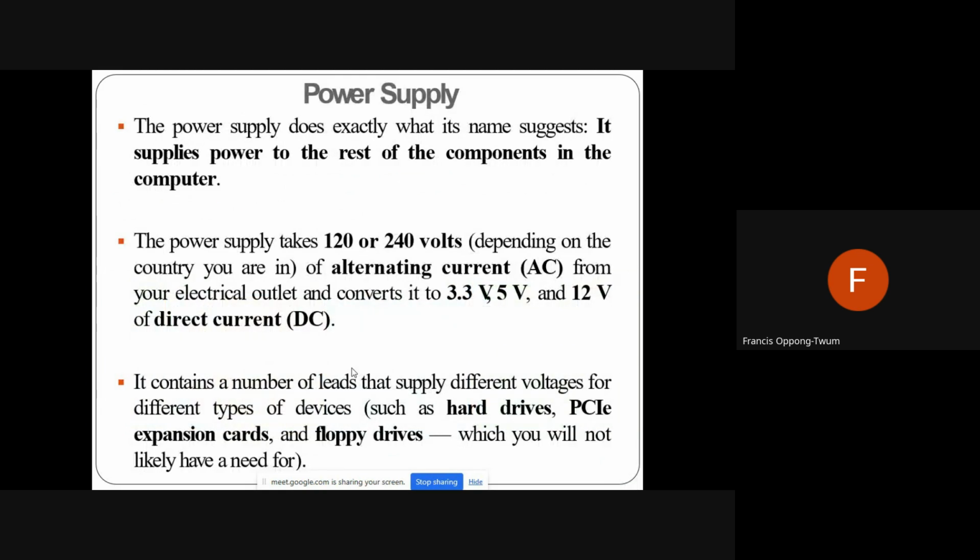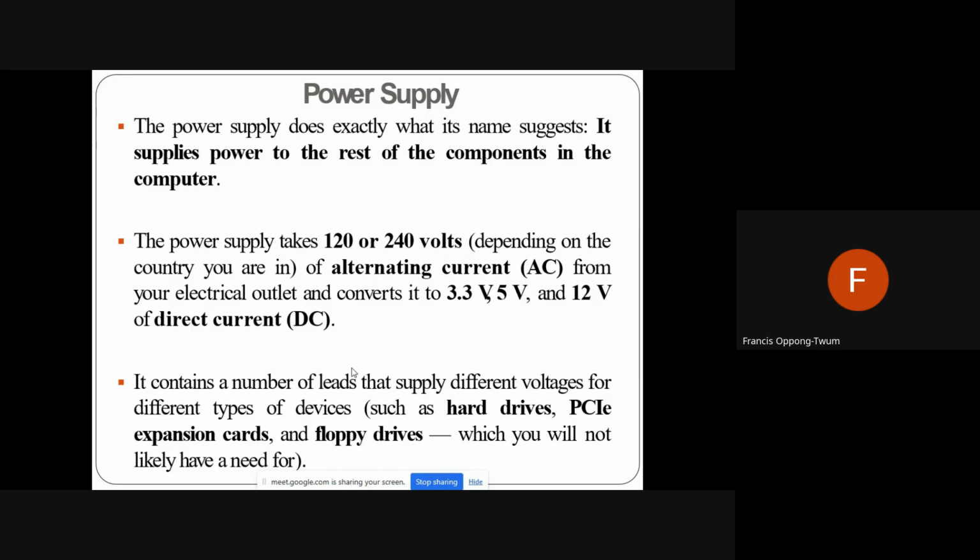Then the next component that I also want us to look at is the power supply. As its name suggests, what does the name suggest? Yes, it supplies power to the rest of the components in the computer.